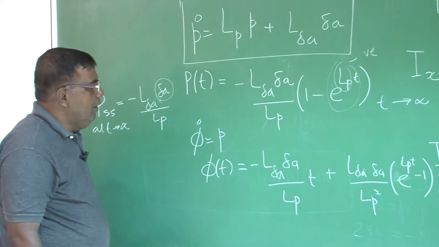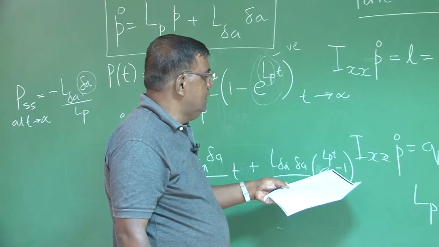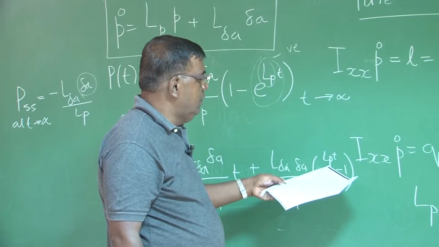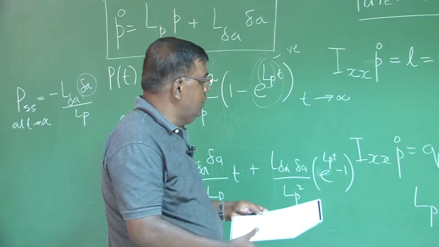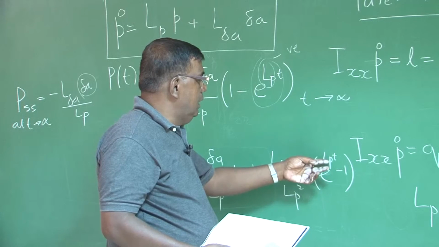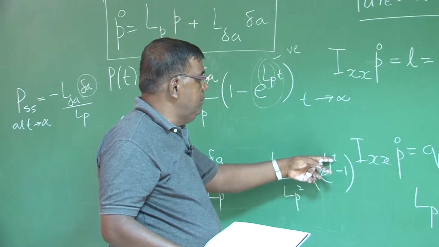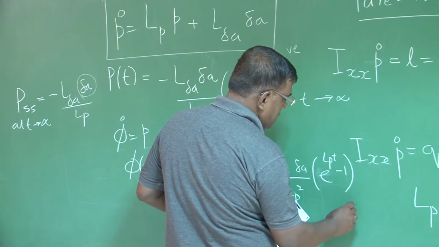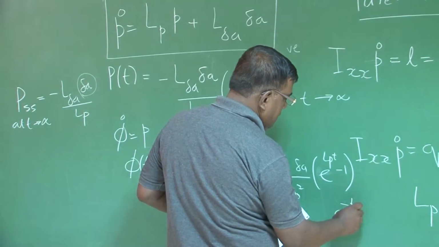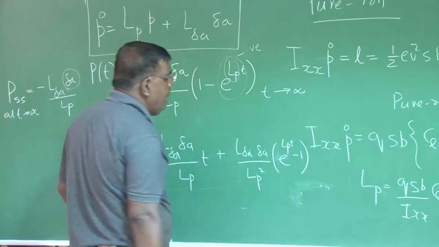And for phi also you have seen this, L_p t is negative. As your time increases, this e to the power L_p t, as time tends to infinity, becomes e to the power minus infinity, so that goes to 0.